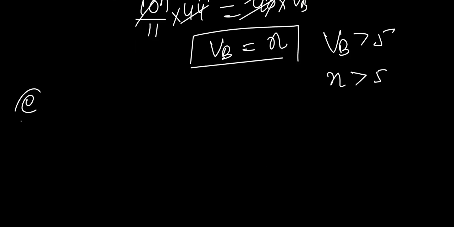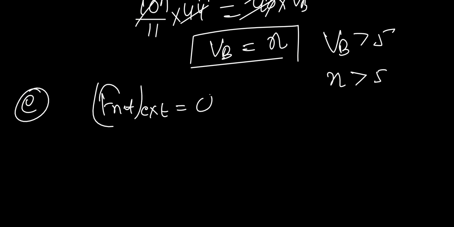Now what is part E? Where is the center of mass of the system A plus B plus ball at the nth trip? So whatever the situation may be, the net external force on the system is going to be 0.